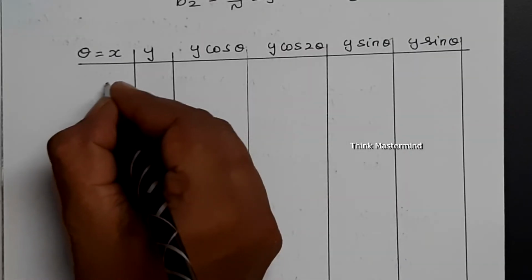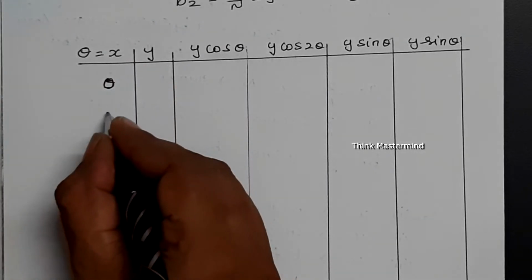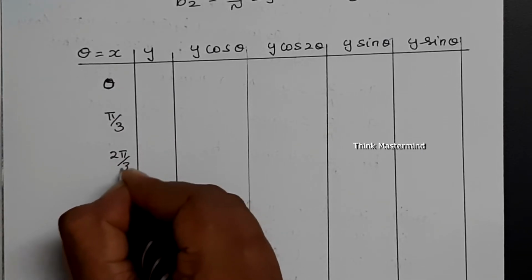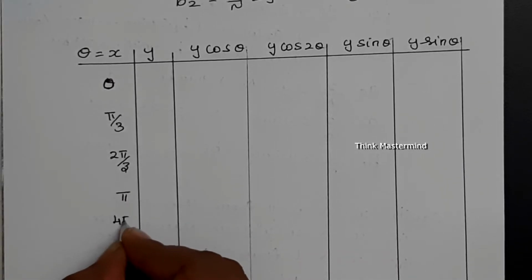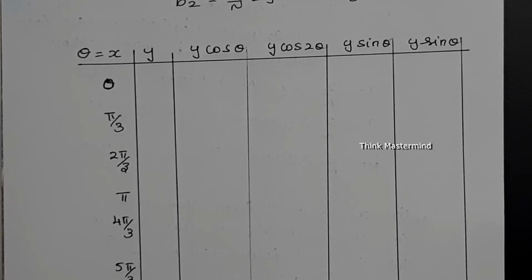So x is 0, theta is 0; x is pi by 3, theta is also pi by 3; x is 2 pi by 3, that is equal to theta. Next pi, next 4 pi by 3 and 5 pi by 3. I am not writing 2 pi because already I cancelled it, since the last data and first data have the same y value. Therefore I am ignoring that last data. So you stop your values at 5 pi by 3.